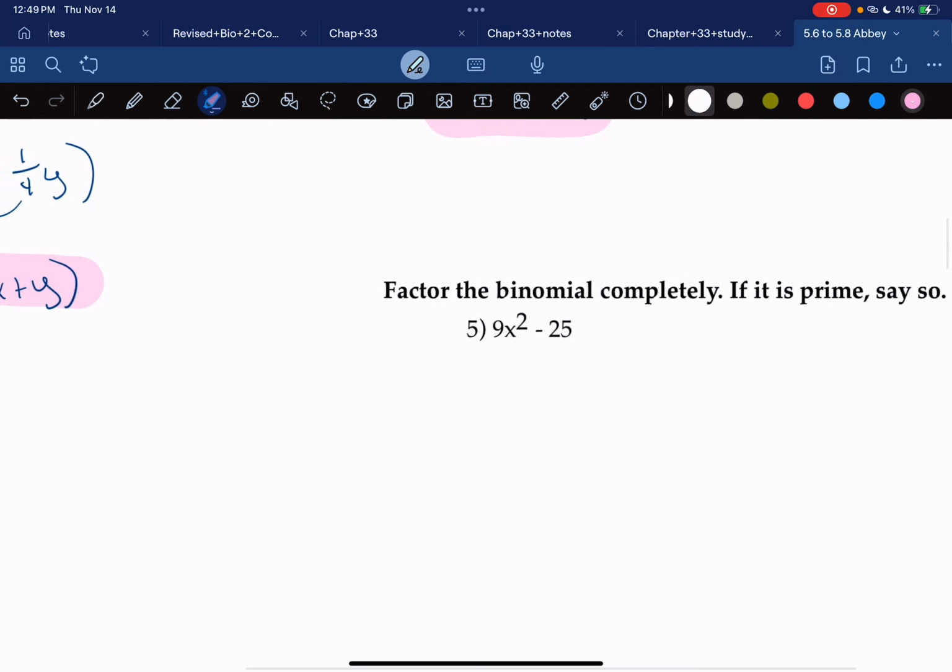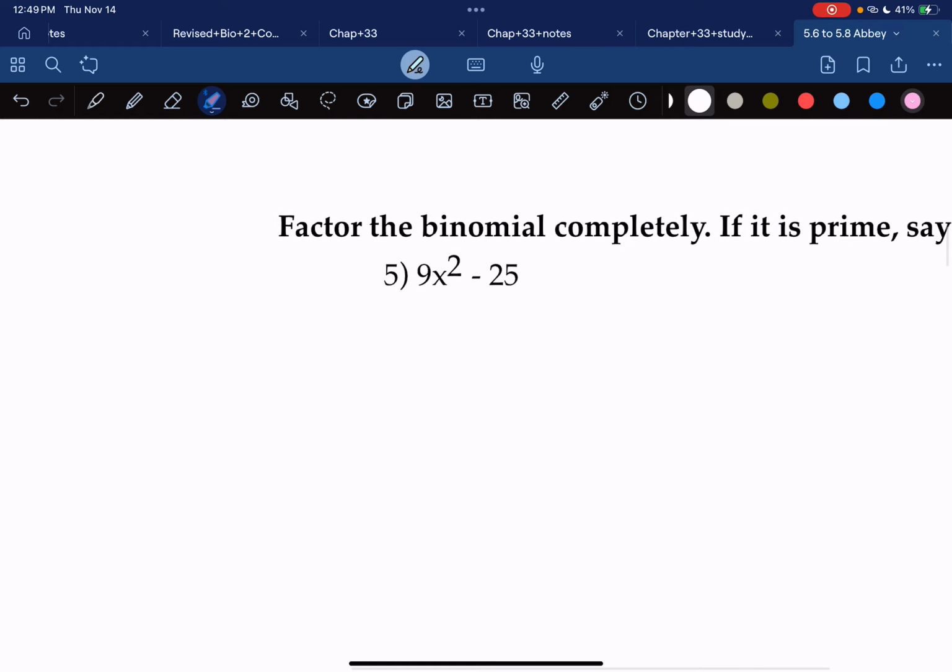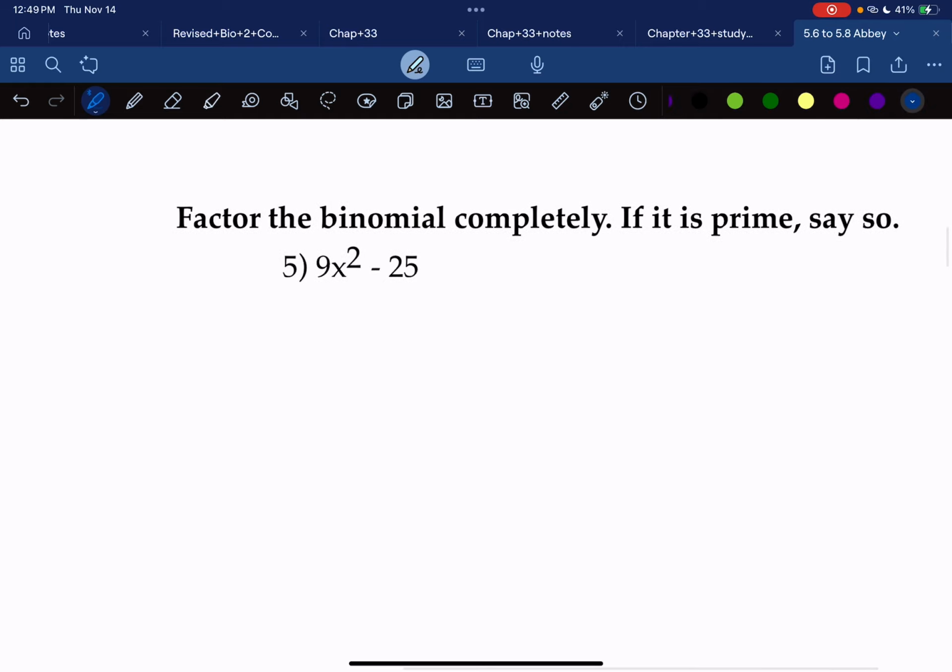So for number 9, factor the binomial completely; if it is prime, say so. In this case, you can notice that these are perfect squares because the square root of 9 is 3 and the square root of 25 is 5. So we can just do 3x plus 5. Actually, let's do it another way.